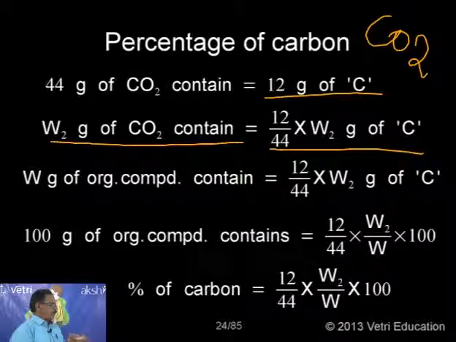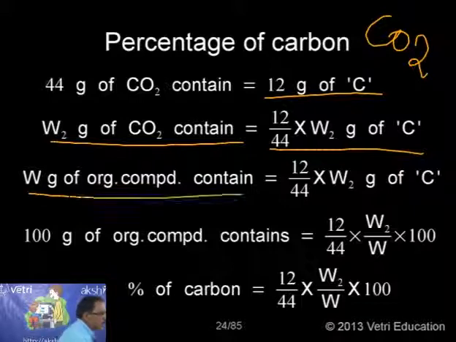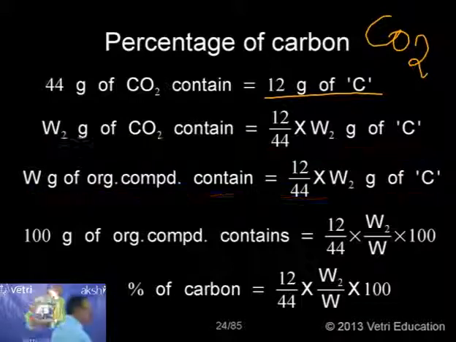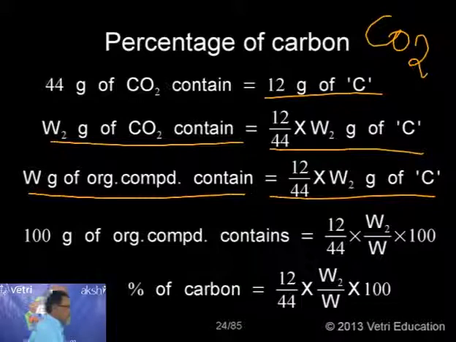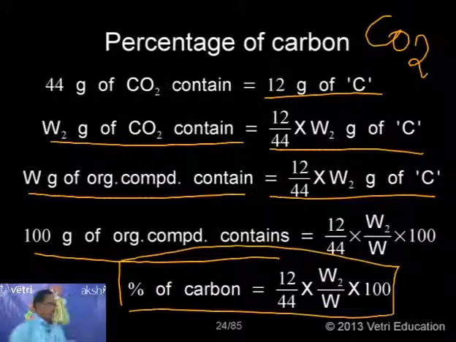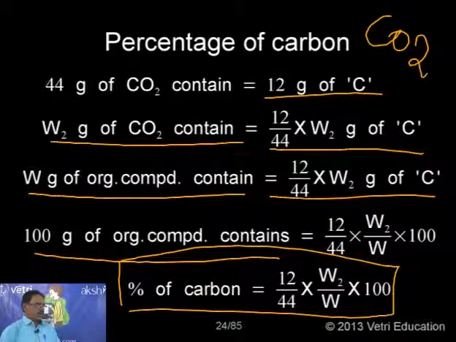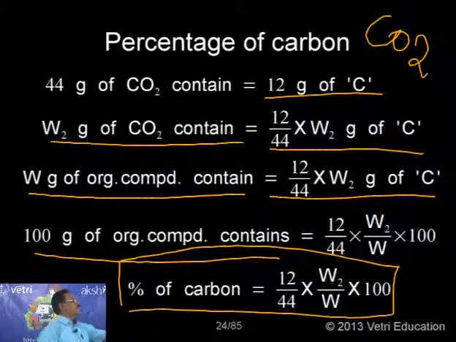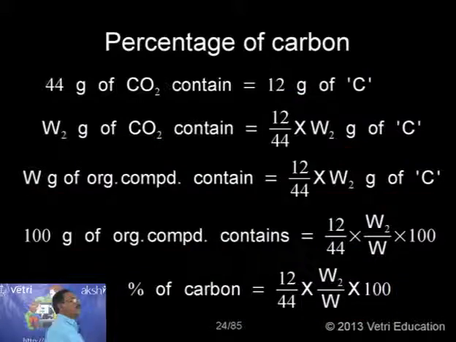We have used W grams of organic compound, so W gram of organic compound contains 12 by 44 into W2 gram of carbon. So 100 grams of organic compound contains 12 by 44 into W2 by W into 100. That is nothing but the percentage of carbon. So percentage of carbon is equal to 12 by 44 into W2 by W into 100. This is the way we have to determine the percentage of carbon.